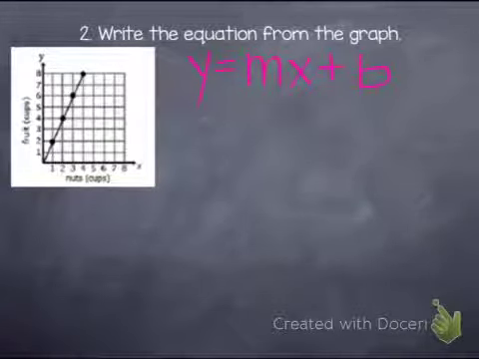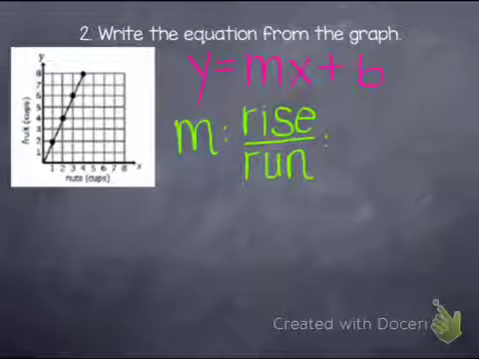So the first thing that we need to do is find our slope. And the way that we find slope is by looking at our rise over run. This could be a change in y over a change in x, like y2 minus y1 all over x2 minus x1. But because we have a picture on a graph over here, we can actually just use our graph. So if you look at 2 points, I'm going to choose this point and this point, you want to first rise.